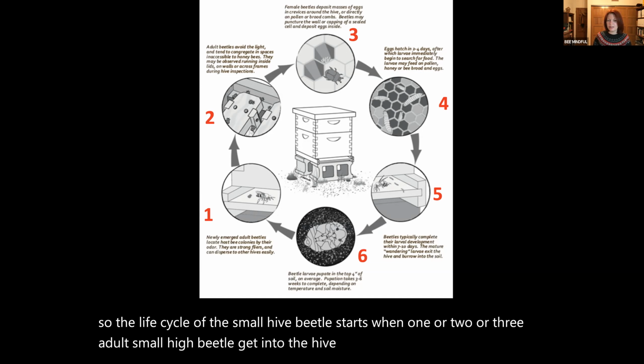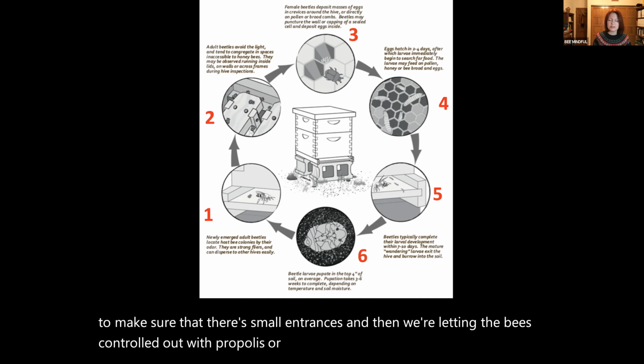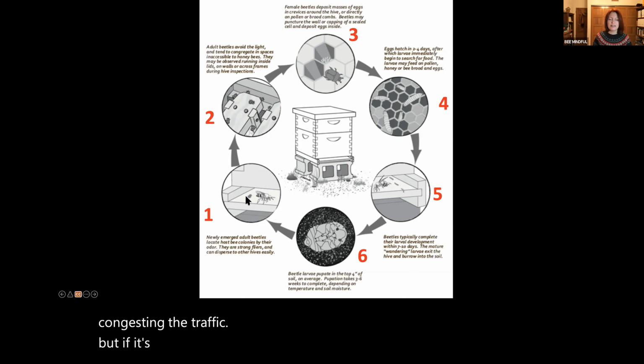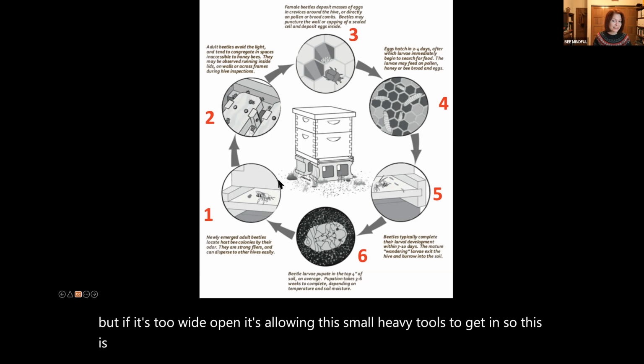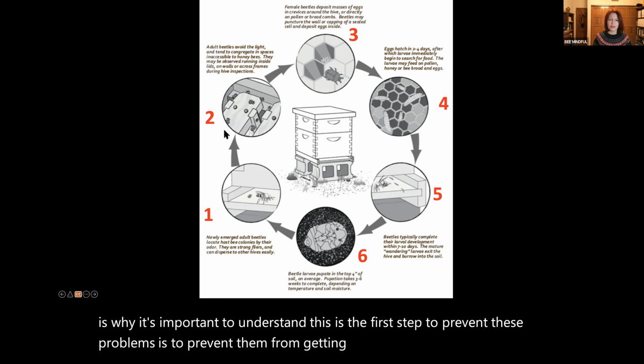And that's also why it's important to make sure that there are small entrances, and we're letting the bees control that with propolis, or we're making the entrances small without congesting the traffic. But if it's too wide open, it's allowing the small hive beetles to get in. So the first step to prevent these problems is to prevent them from getting into the hive in the first place.